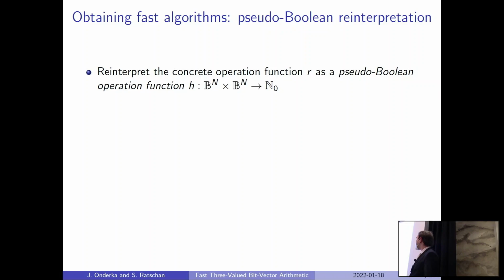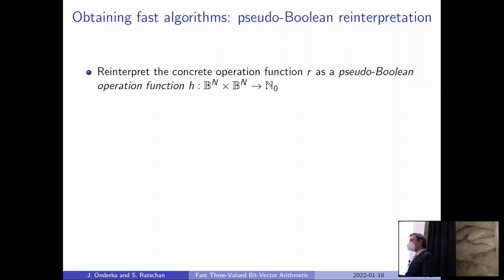Now, how will we do this? How will we obtain the fast algorithms? Well, we had an idea to do a pseudo-Boolean reinterpretation. Basically put, a pseudo-Boolean function is a function which has Boolean inputs and an integer or real result.